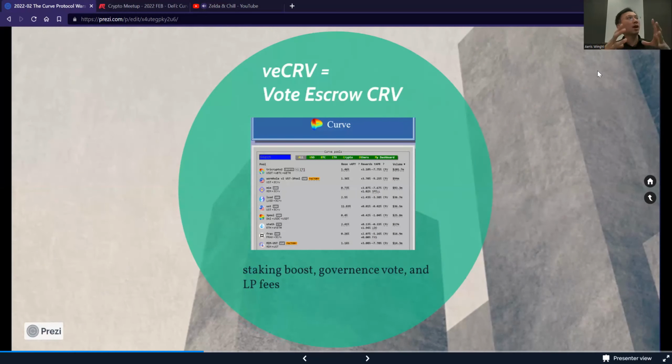The longer you lock it, you get staking boosts, you get increased payouts over time, your vote counts greater as a governance vote, and you also earn more LP fees. So you lock it in a contract that they have on the back end. You just say you're going to lock it for 4 years, you can't touch it, but the thing is that you get all these extra benefits, which is the caveat there.